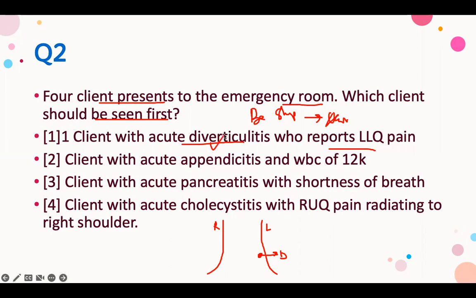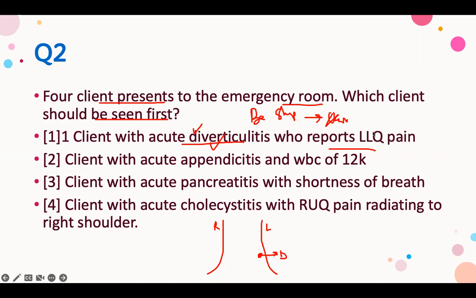The diagnosis doesn't matter. You can have heart failure, it doesn't matter. Don't get scared by the initial diagnosis. Look at the subsequent information they're giving you after the diagnosis. You have acute diverticulitis. Okay, fine. You report what? Left lower quadrant pain. There is no shock. There is no sepsis.